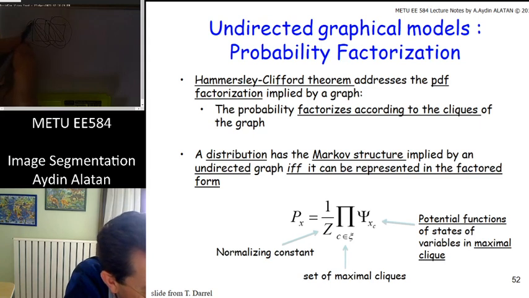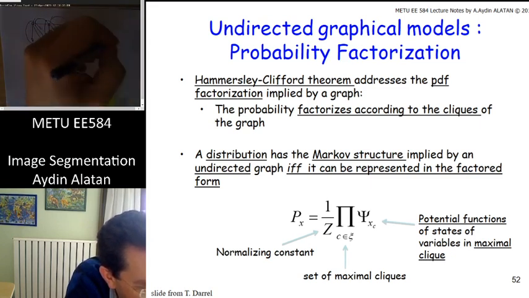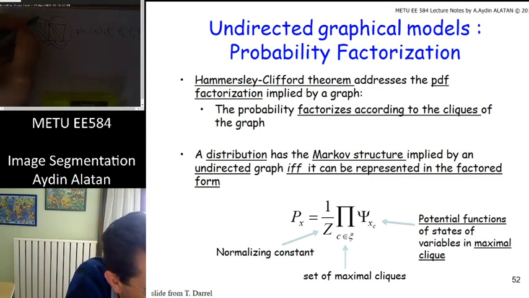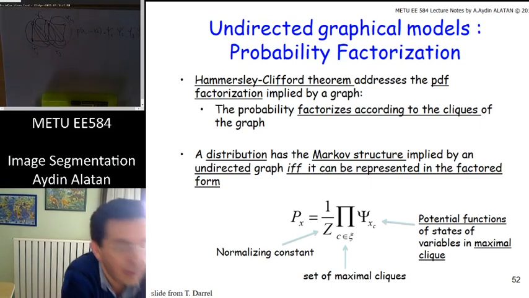I am saying that for these 6 random variables, the PDF of x1 to x6, I am writing it as the first one times the second one, the third one, the fourth one. And this is the first one, this is the second one, this is the third one, this is the fourth one.